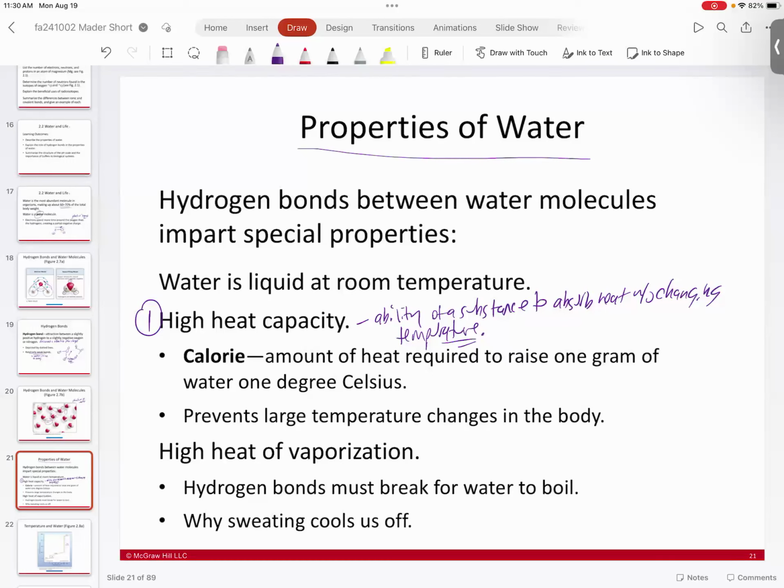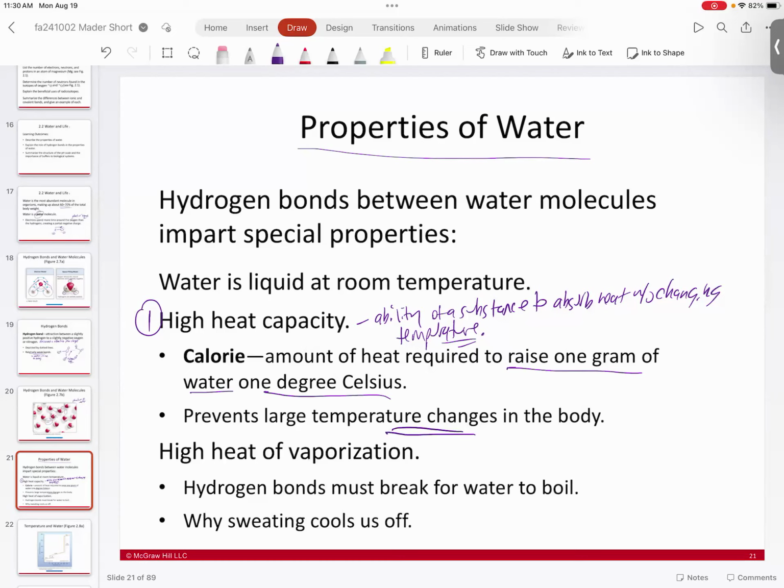So essentially, you're looking at the idea of a calorie, which is a unit of heat. And a calorie, just like heat capacity, is the ability to raise 1 gram of a substance, water in this case, 1 degree Celsius. So what this does is it kind of buffers against temperature changes.